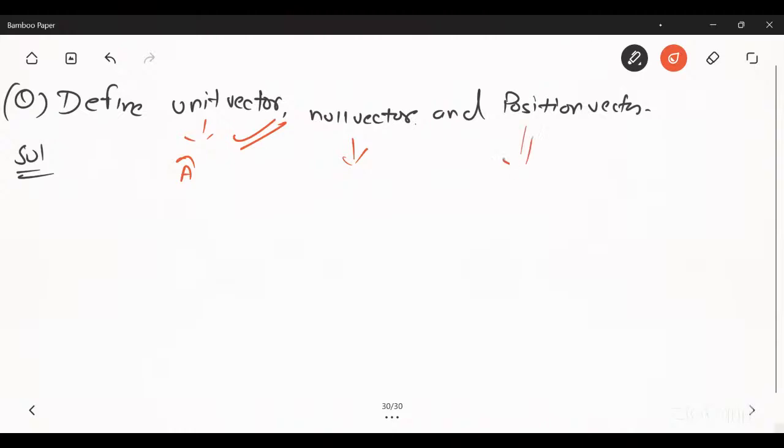Now come to the position vector. I forgot to teach you the position vector. The position vector gives the position of a particle.